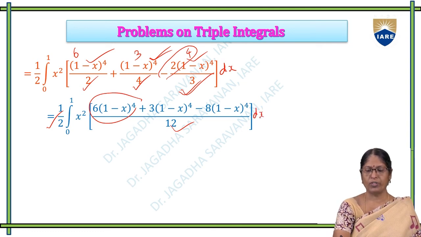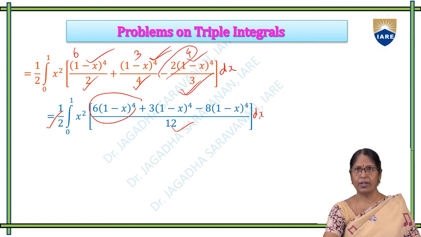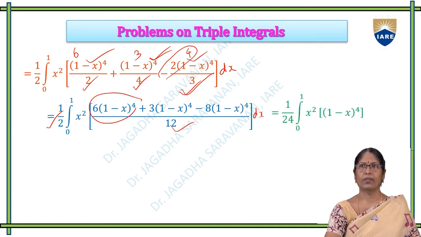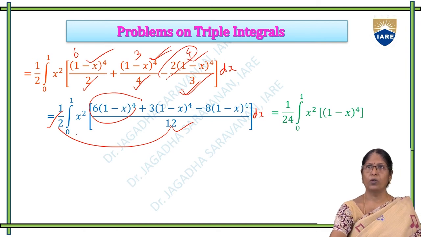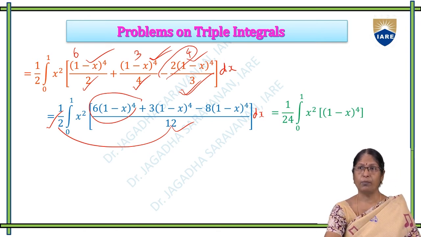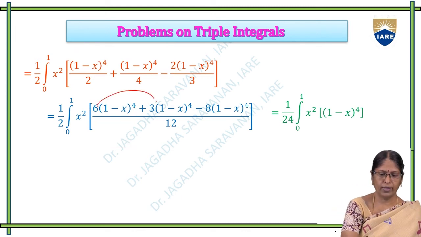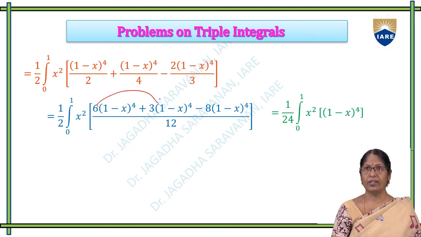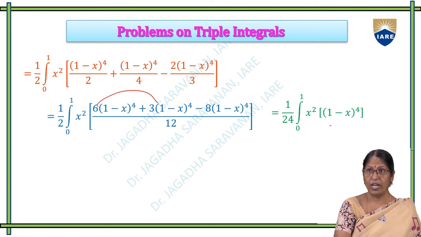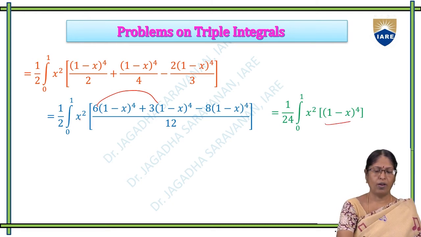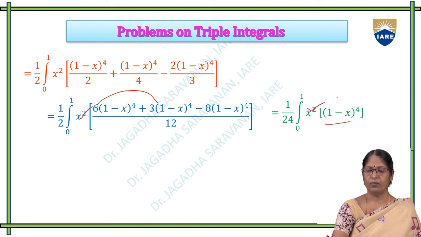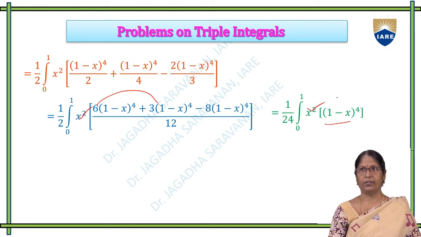Because of the last one which is pending, it should be written. Now this 12 we have brought it out. Put together it has become 1 by 24. So here 6 plus 3, 9 minus 8. So only 1, that is 1 minus x the whole power 4. Already x square is there. We have written as it is.